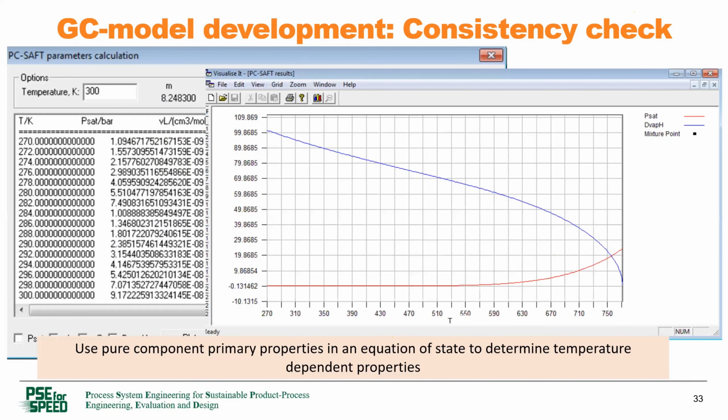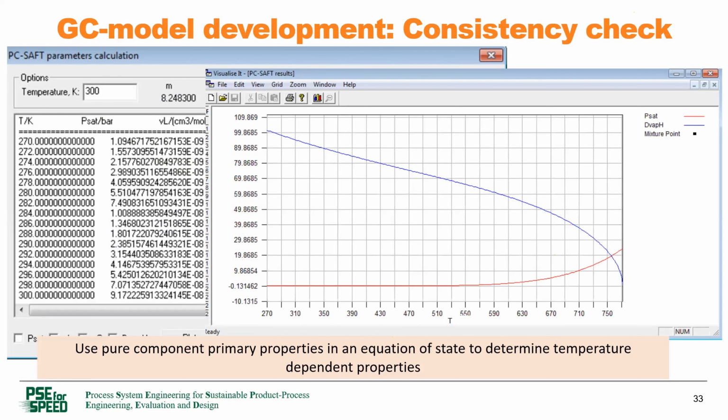So we want to look at the heat of vaporization as a function of temperature, vapor pressure as a function of temperature. According to theory, vapor pressure must increase with temperature. It cannot go down with temperature. On the other hand, the heat of vaporization must decrease with temperature and should come to zero at the critical point, at the critical temperature.